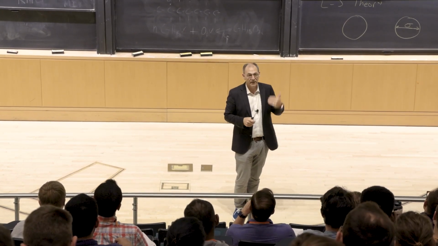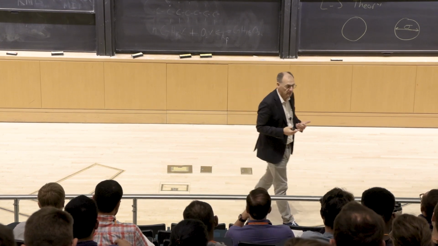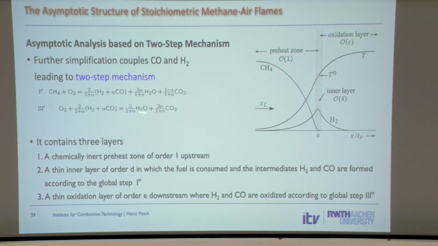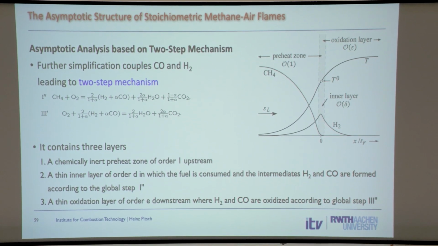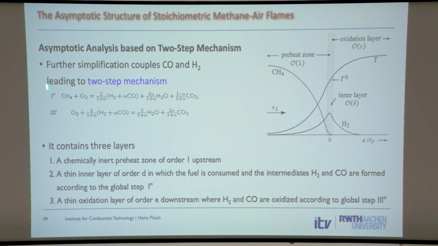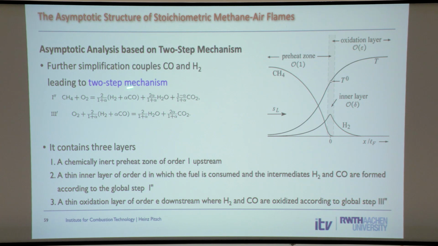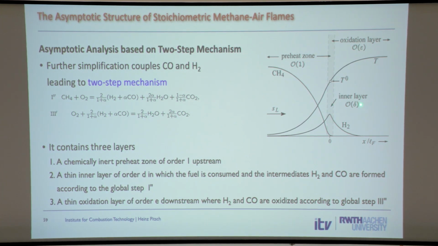So each reaction happens in a certain layer. That's why we always talk about these layers. So if I have a two-step mechanism, I should get two layers, kind of. Here the first one, again, is the conversion of methane to these stable intermediates. That's one layer, the reaction zone here. The inner layer is order delta, and the preheat region is defined as order 1.